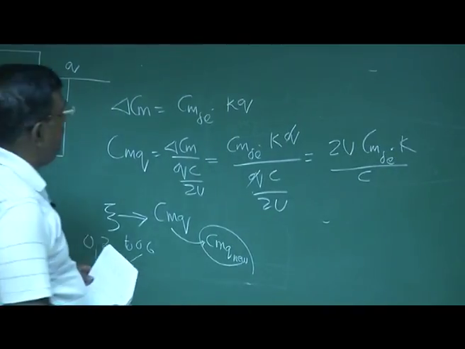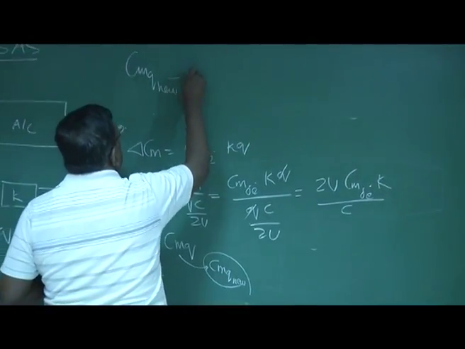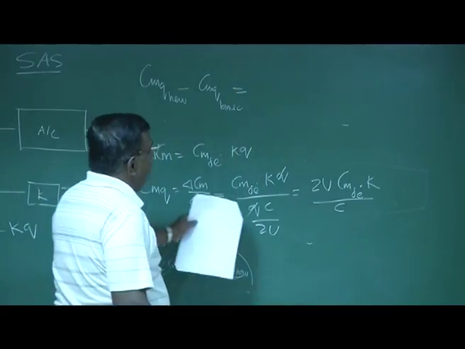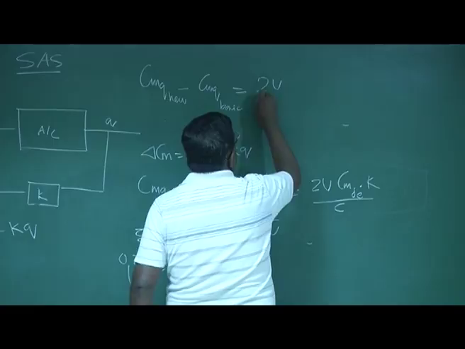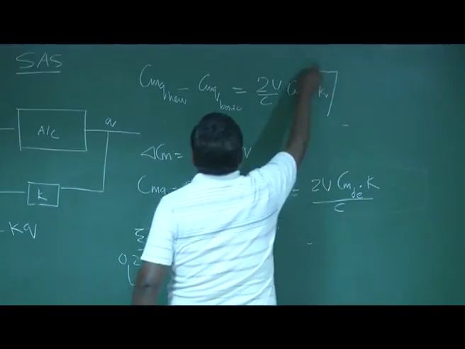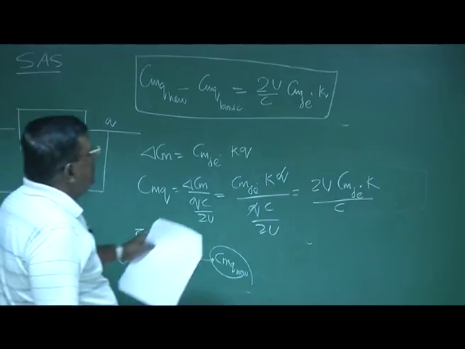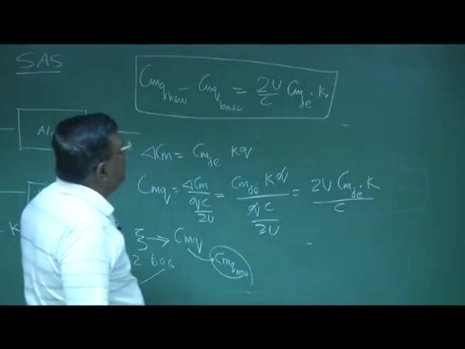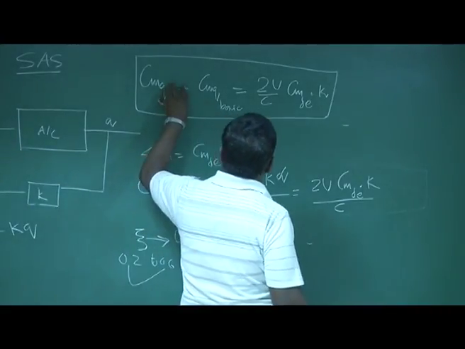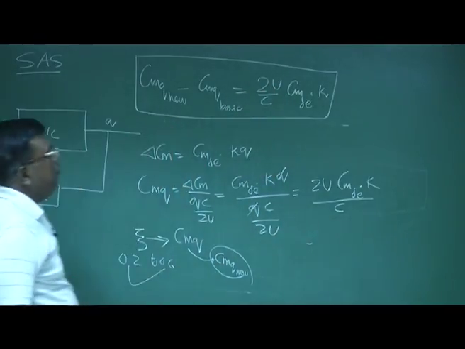So what I will do, I will write that Cm Q new minus Cm Q basic, that is additional Cm Q required, and that will be 2U by c into Cm delta E into K. So I can go on plugging in numbers in the K and try to see that I get appropriate Cm Q new at given speed and for a given elevator control power.